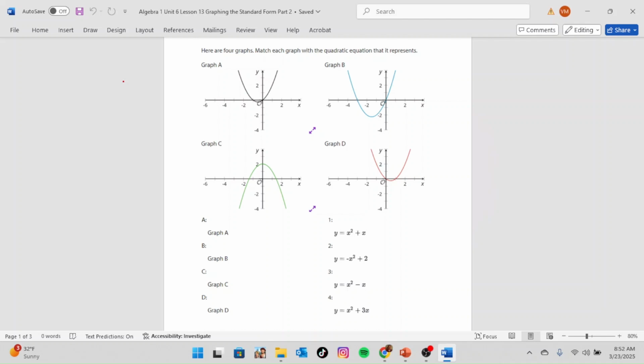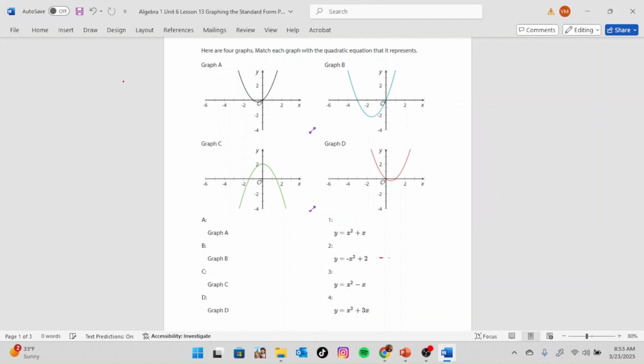In a previous lesson, we had said that if the A term was negative, that would cause it to open downward. And if we look at our choices here, the only equation that has a negative A term is going to be equation 2.